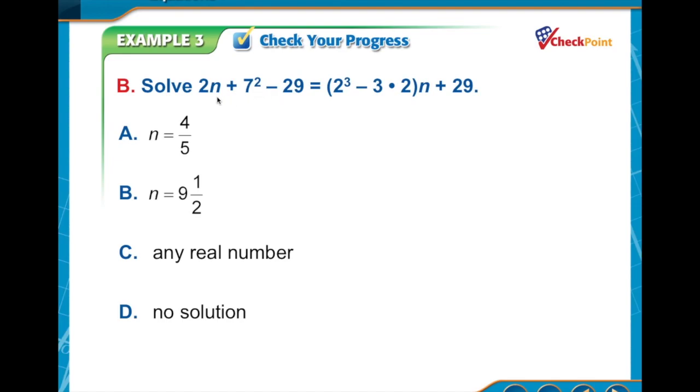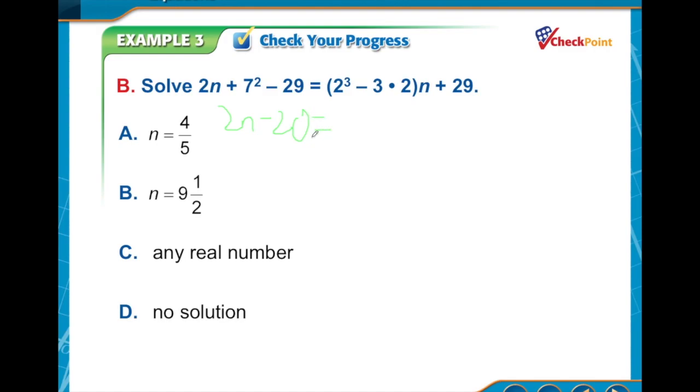So if I just simplify a little bit here, I know 7 squared is going to be 49. And 49 minus 29 is just 20. So this side simplified one step would be 2n minus 20. So I'll write that down here. 2n minus 20. Good.